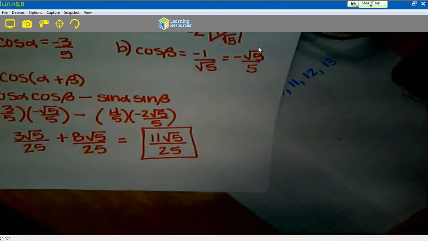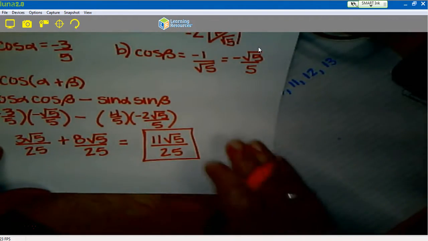Go ahead and try part D on your own. Sine of alpha plus beta, go ahead and pause the video.